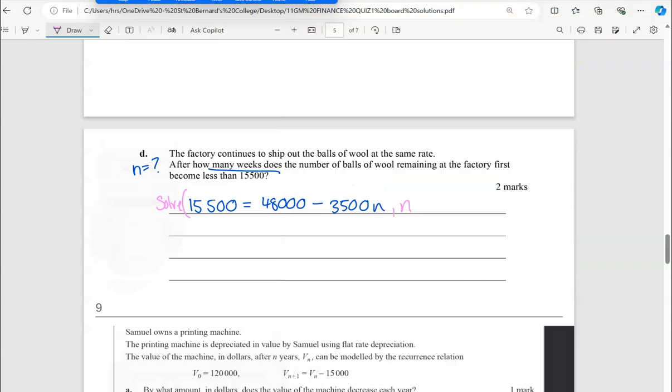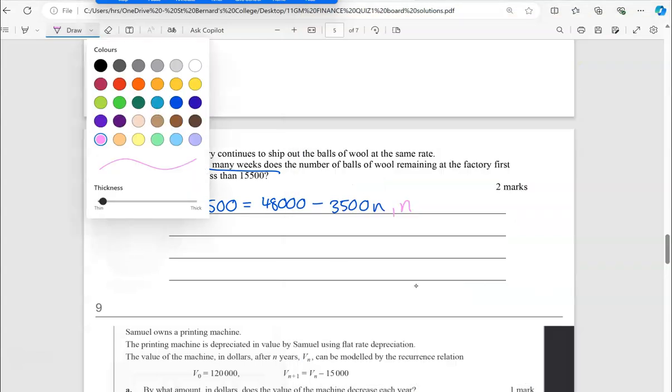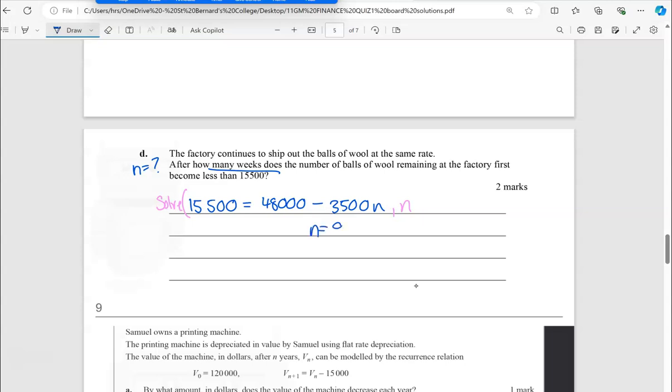So we get 9.2, what was it, 9.2 or something? So N equals 9.2. So it's after 9 weeks, is it there? No. So you have to go up, don't you? So therefore you say after 10 weeks. Because if you go down, you haven't reached it yet. So you must go over with this one.